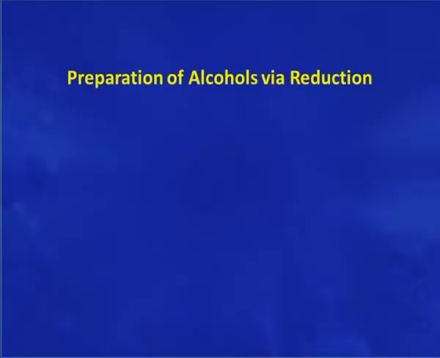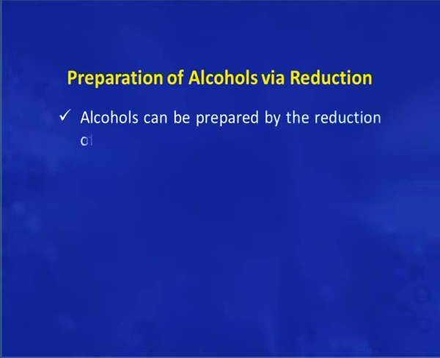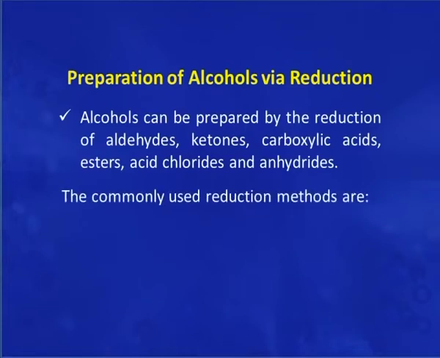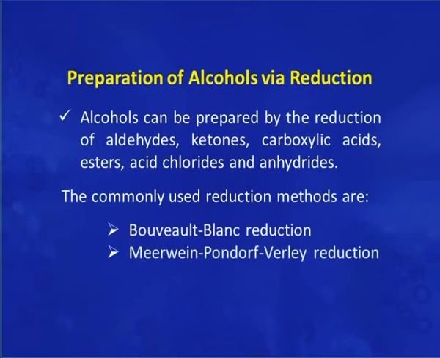We will now discuss the preparation of alcohols via reduction. Alcohols can be prepared from a wide variety of organic molecules. For example, by the reduction of aldehydes, ketones, carboxylic acids, esters, acid chlorides and anhydrides. The commonly used reduction methods are Bouveault-Blanc reduction, Meerwein-Ponndorf-Verley reduction and catalytic reduction.